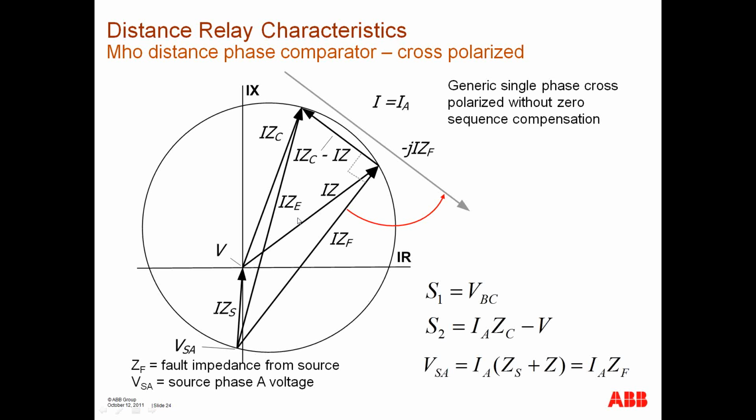Now, I have just taken this quantity right here and rotated it by minus 90 degrees to give me something that is normally in phase with this quantity, as I previously showed. When it's outside the characteristic, it is leading this quantity, therefore you would have a trip. Where it's inside the circle, I might have said that backwards, you would be doing just the opposite.